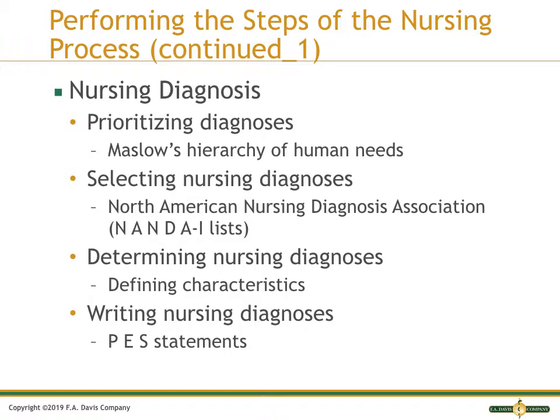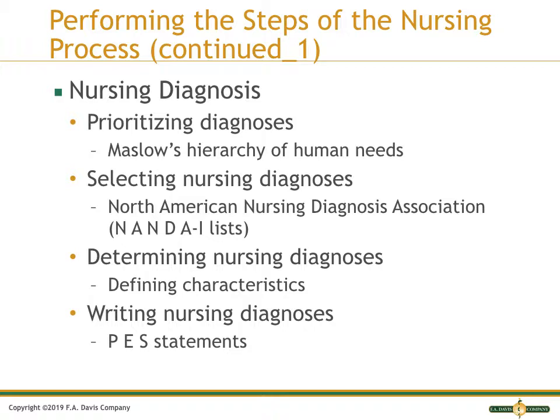So based off of those physical assessment findings, I would say my priority nursing diagnosis would probably be ineffective airway clearance, and it would be based off of those assessment findings. So you're going to choose the right, most important one, which can be difficult, because the patient might qualify for several.